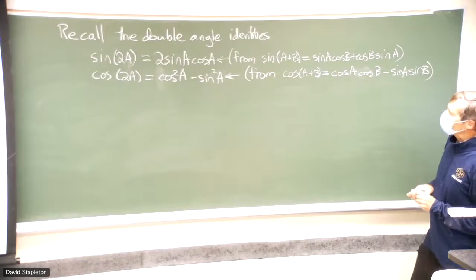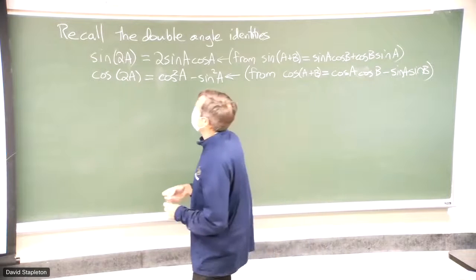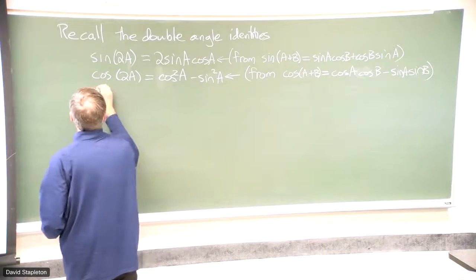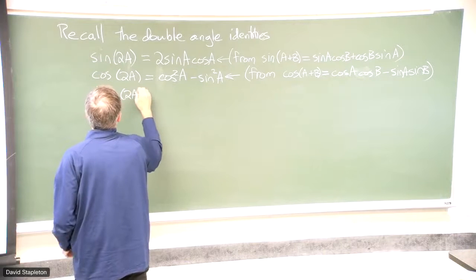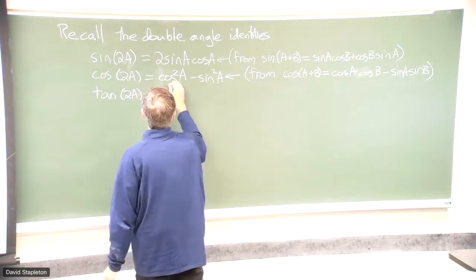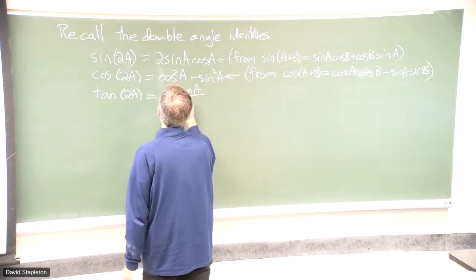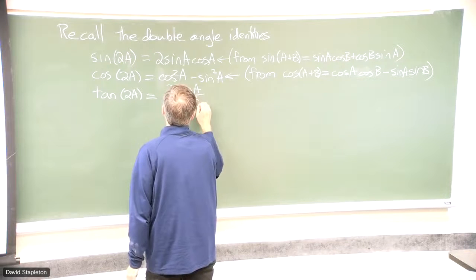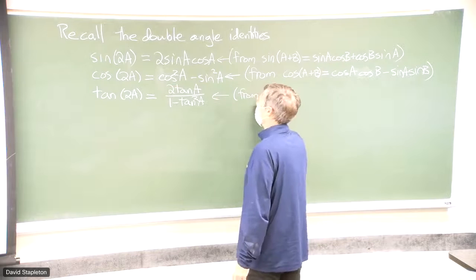All right. So there was that one, and then there was a double angle formula for tangent. Tangent 2A comes out to be 2 tangent A over 1 minus tangent squared A. And this one came from, what was the proof of that one?